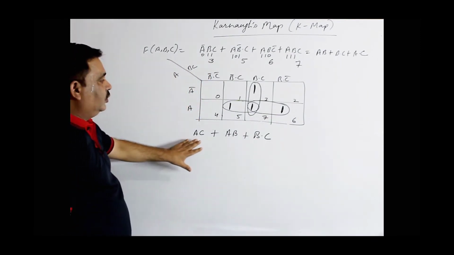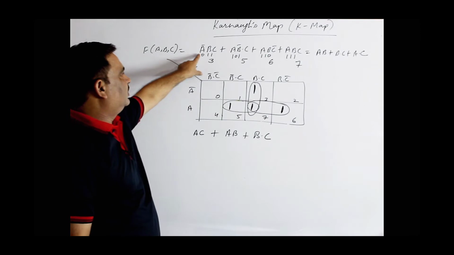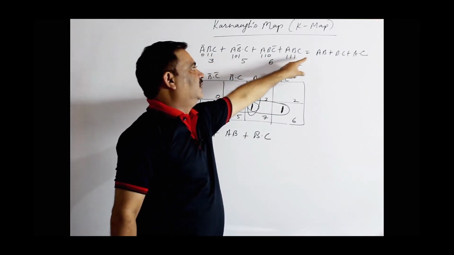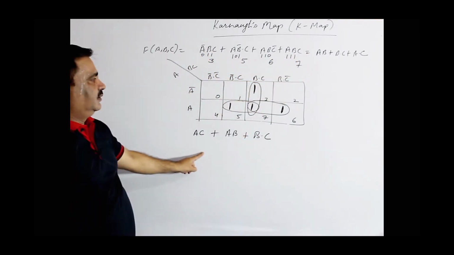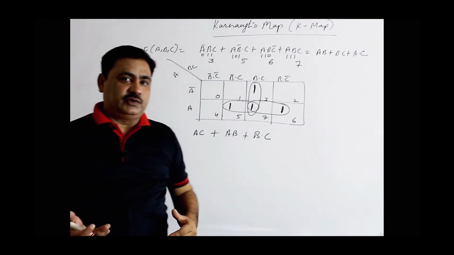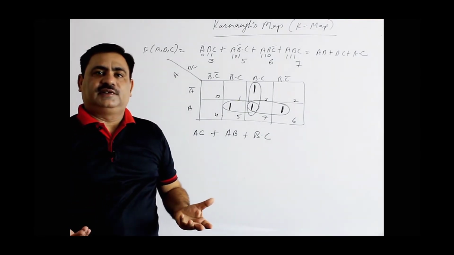So this is the reduced expression for this SOP expression. Check the answer. This way you can reduce a 3 variable K-map.